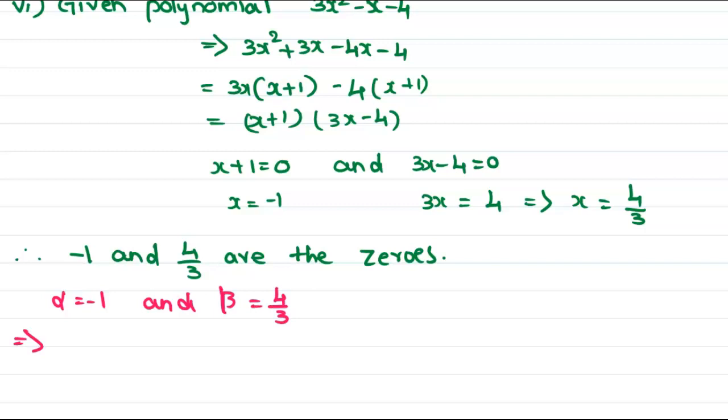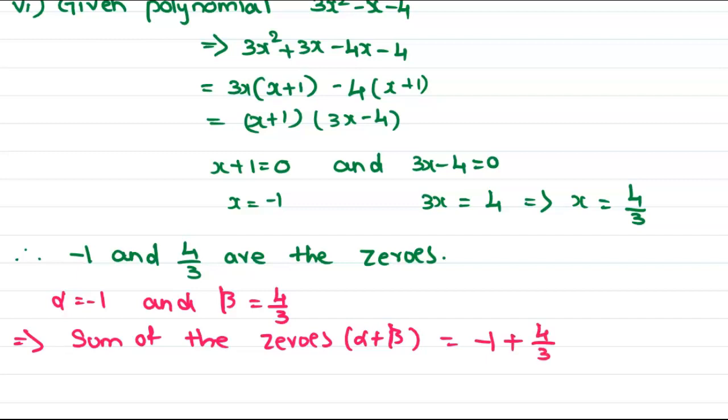So for the relation, first one is the sum of the zeros. So this is in the form of alpha plus beta is equal to alpha value minus 1 and beta value plus 4 by 3. So what we get, the LCM is 3. So minus 3 plus 4, that is equal to 1 by 3 here.